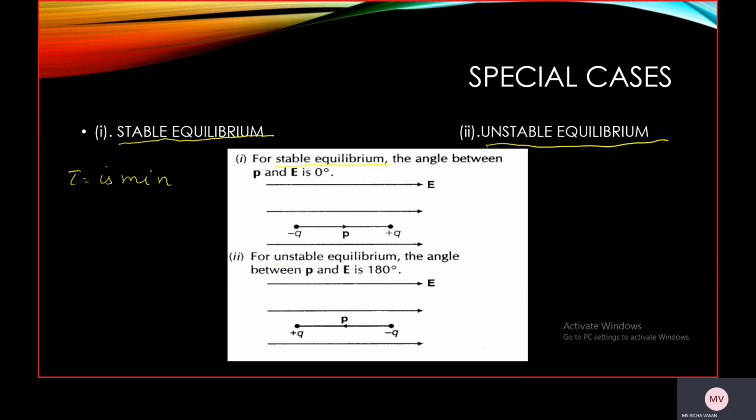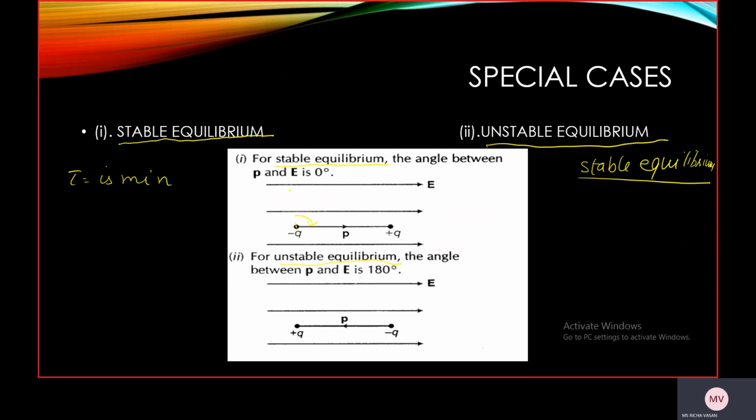We have already studied about the equilibriums in class 11th, and we know that stable equilibrium is that in which when we move any body from that stable equilibrium position, it will again come back to its original position.